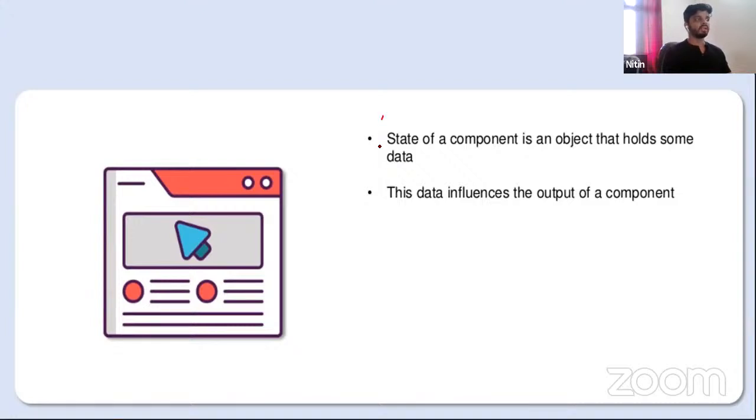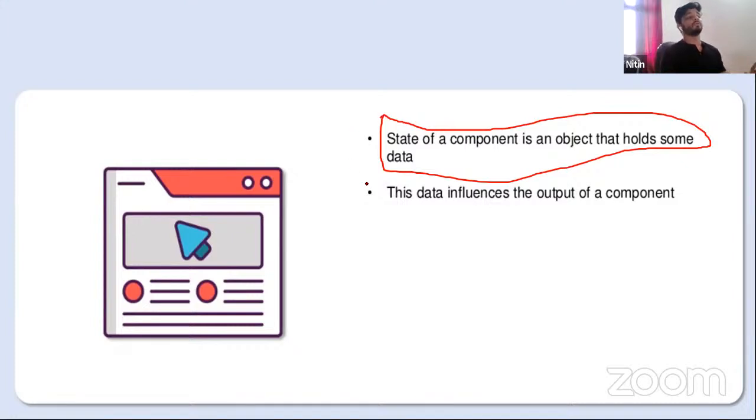The state will make sure that the data displayed on the browser is accurate according to what the trigger was. So it influences the output of the component.